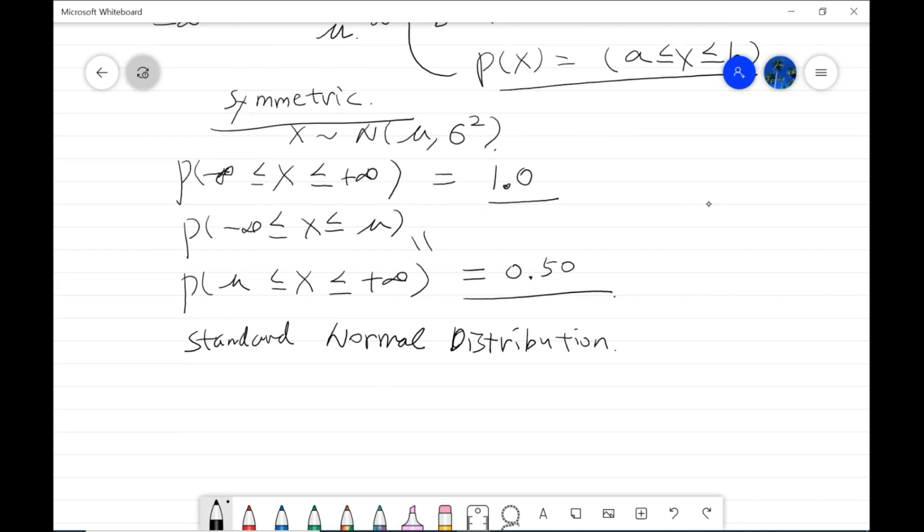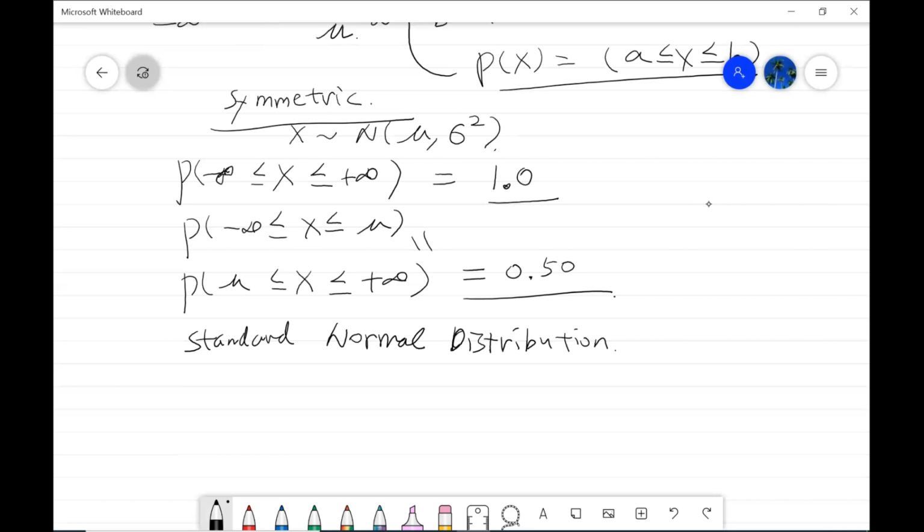This is another continuous probability distribution, and the way you describe the probability under the standard normal distribution is using an interval. So what's the difference between the normal distribution and the standard normal distribution? The only difference is the mean and variance.